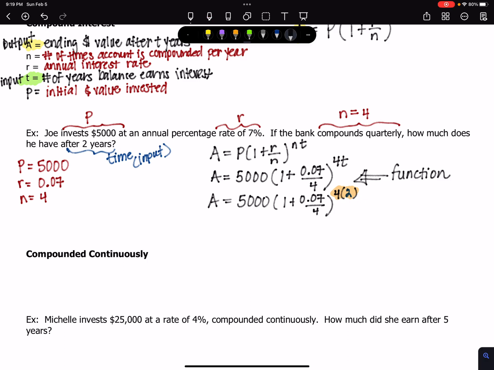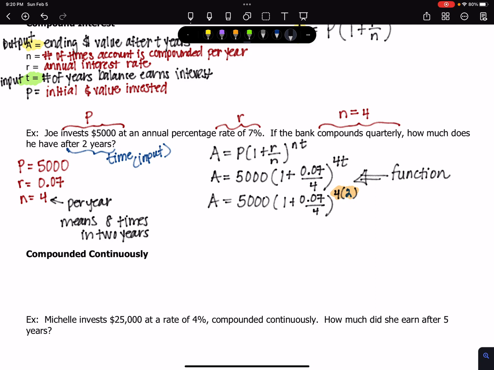In 2 years' time, the bank is going to compound the account 8 times. So 4 times per year means 8 times in 2 years. And that's why the exponent is 8.